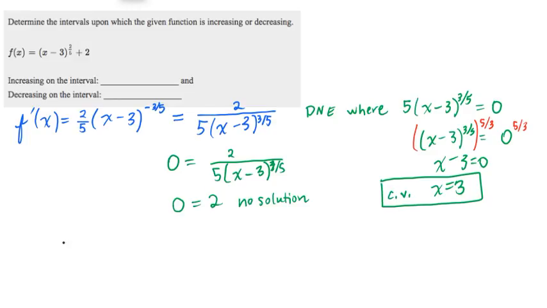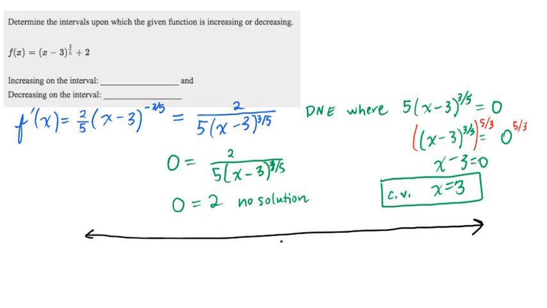Now to tell if the function is increasing or decreasing before 3 or after 3, we need to put 3 on a number line and plug in a few test values. So I'm going to put 3 right here, and that breaks up my x-axis into the interval from negative infinity to 3 and the interval from 3 to positive infinity.